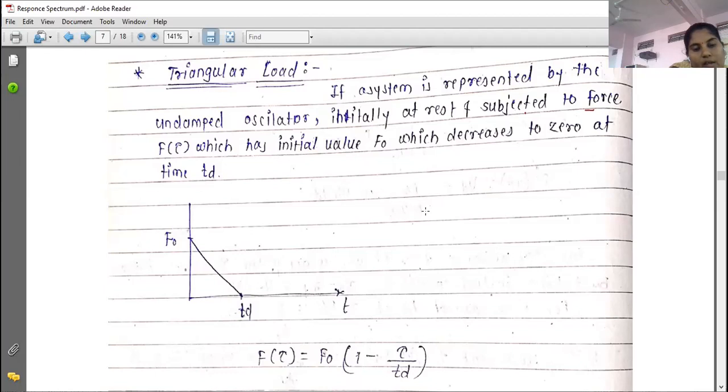Draw the diagram for triangular loading condition.